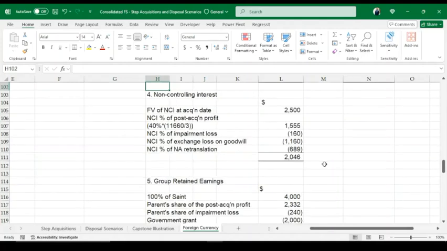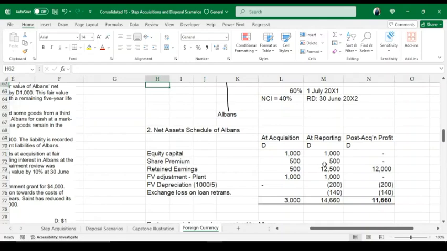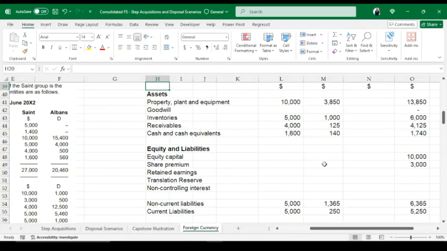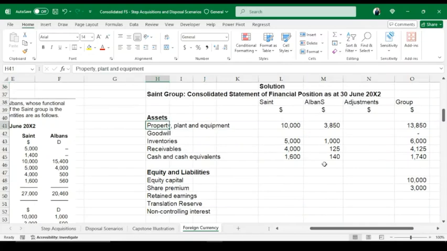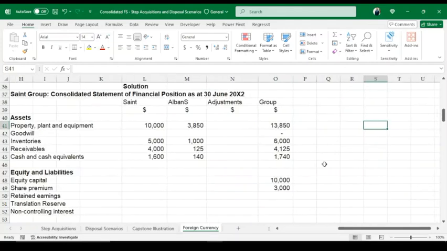So let's go now to our pro forma statement of consolidated financial statements and populate the rest of the figures. For the property, plant and equipment, we've been told that an amount of 1,000 was in excess of the carrying amount.